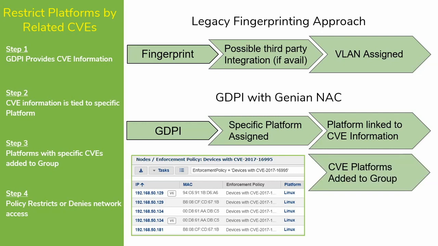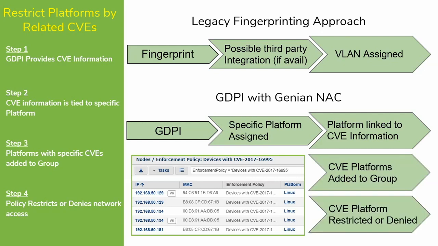Those platforms can then be added to groups, and then the groups are added to enforcement policies, which may restrict or deny network access. Again, that is optional, and administrators could just notify themselves or send automated notifications to external systems like ServiceNow, Teams, or Slack.